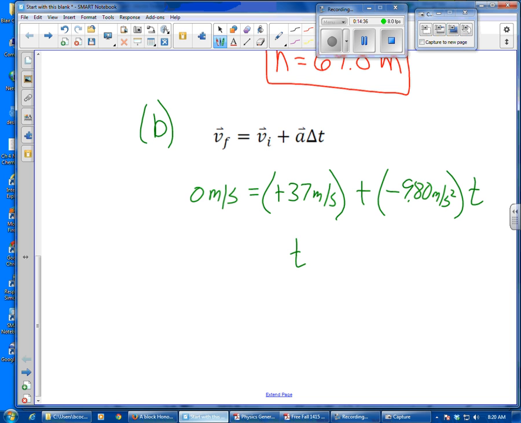And if I do that, hopefully I get a number close to 4, right? Every second it changes by 10, and if it starts at 37, hopefully it takes me close to 4 seconds to get down to 0. And I got 3.775510204 seconds.